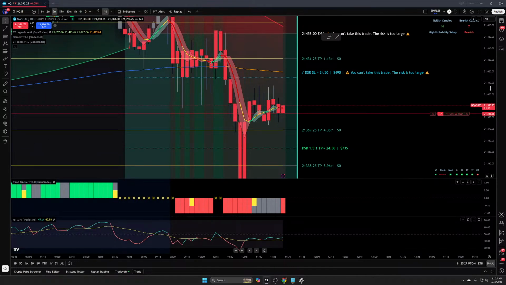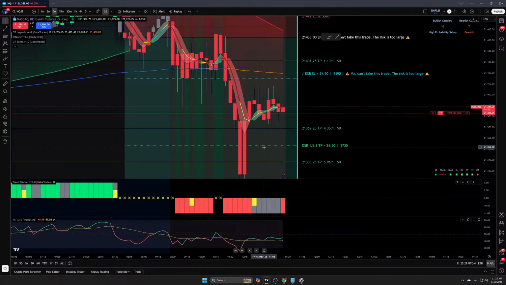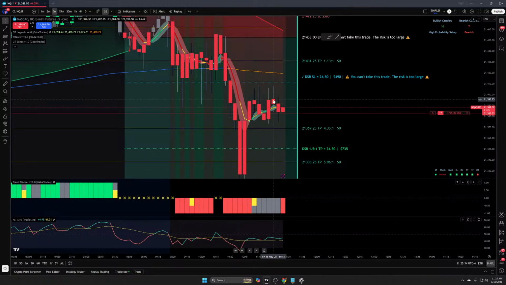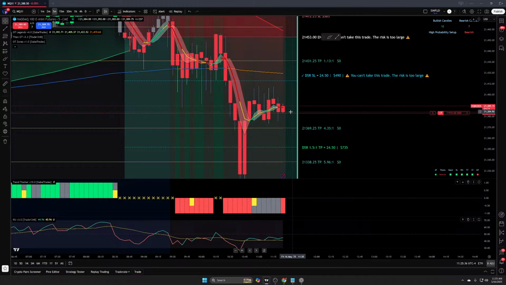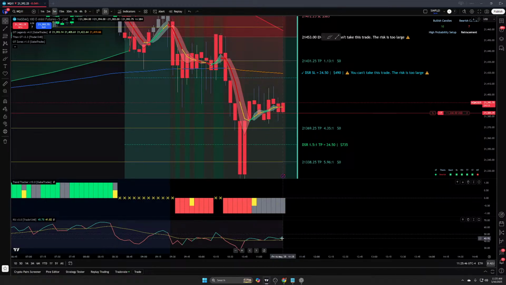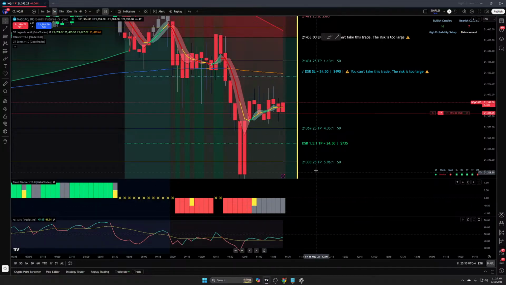But now RSI is still below 50. We have to trust our trend down. For me, I have to trust it until I have information that says otherwise. But right now, it's saying down unless RSI shows 50.